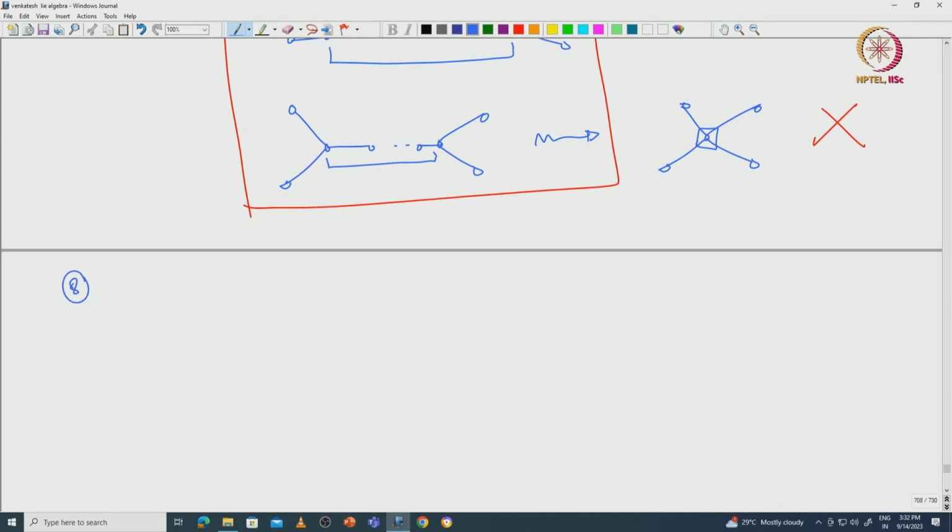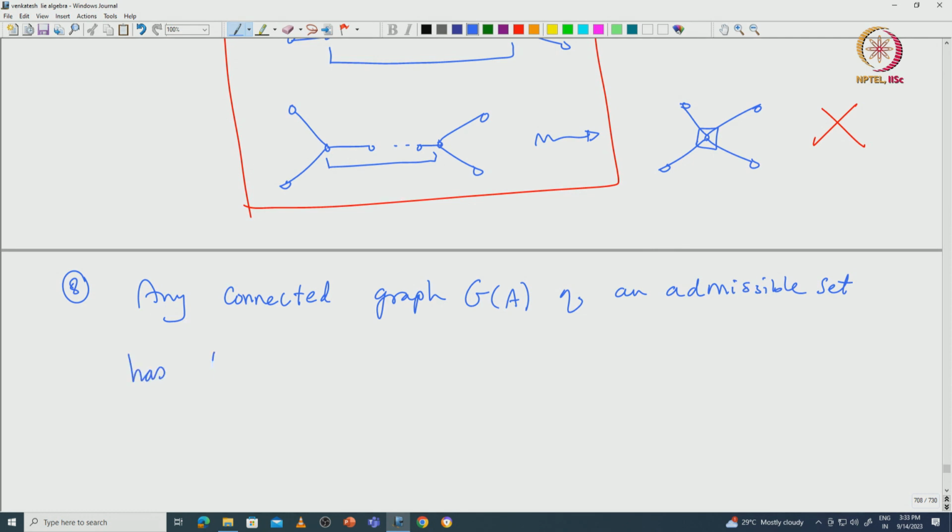From this you can immediately conclude that if you start with any connected Coxeter graph, let us say G of A of an admissible set, then it must have one of the following forms.